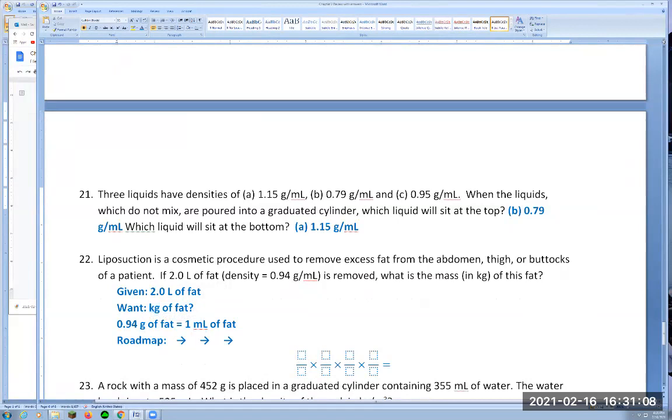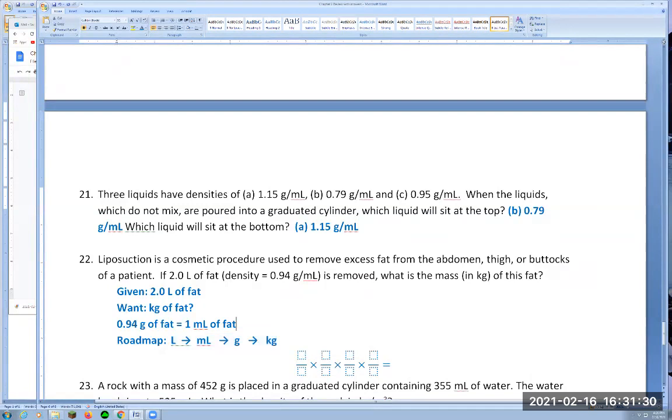Because let's say here we start with liters, and we can change them to milliliters, right? By doing this, we then can use the density and change the milliliters into grams. And once we have the grams, we can change them to kilograms. So that's what the roadmap will look like.